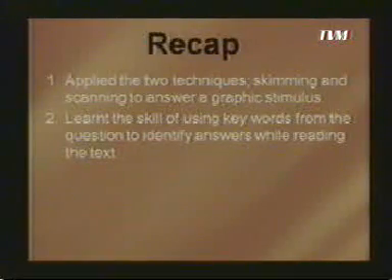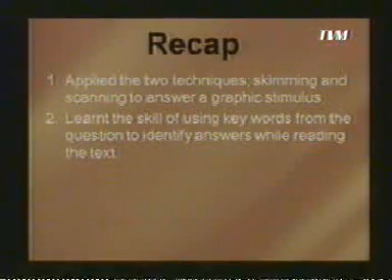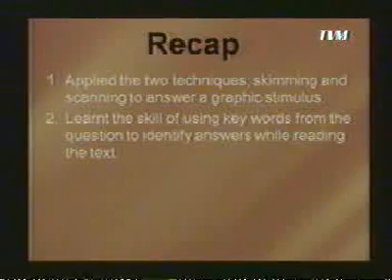And then we learned the skill of using keywords from the questions to identify answers while we are reading the text. This is when you are scanning through the text after reading the question. So, while you read, it is always wise to underline the key points and then go to scanning, so that you can always remember what you need to find. Alright. So, these were the two things that we have learned today.